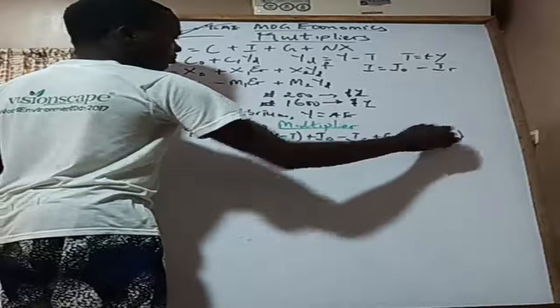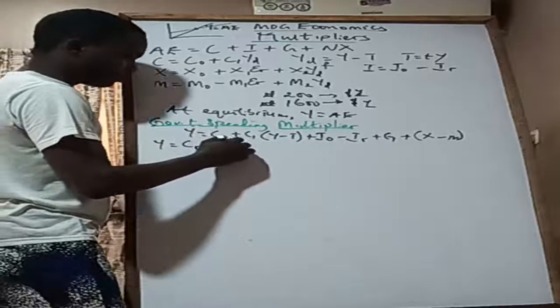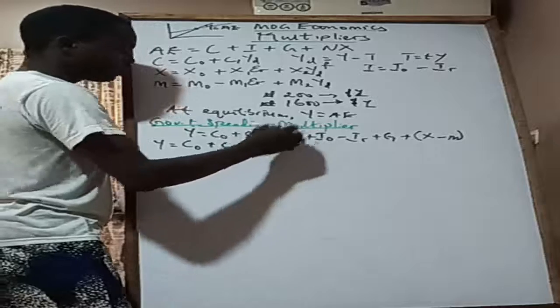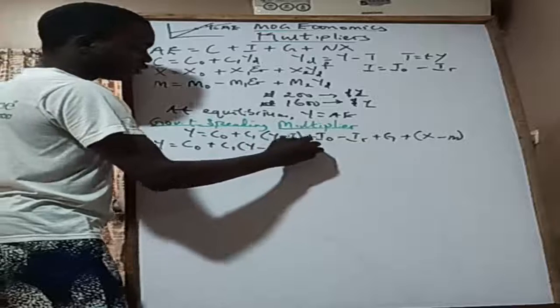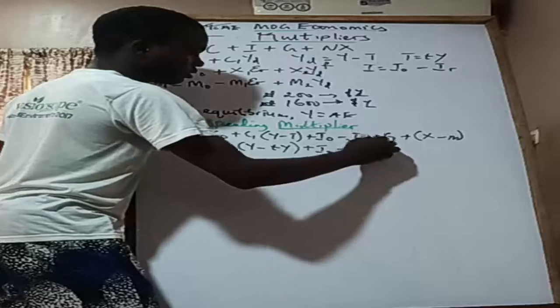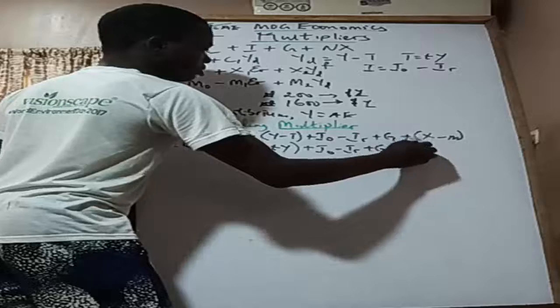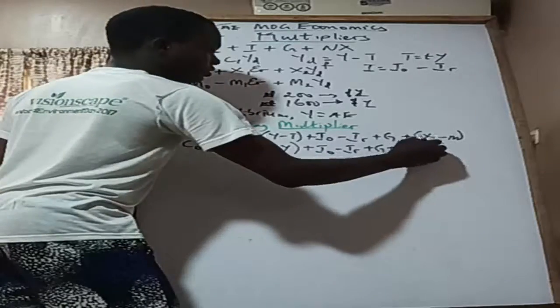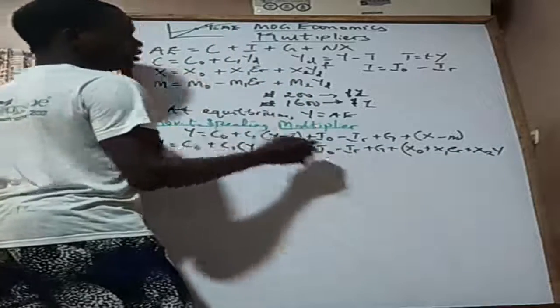X minus M. Right. So Y equals C naught plus C1, and this is now going to be Y minus T, given that T equals TY. Then plus I naught minus IR plus G plus X. So X is all of this now: X naught, then plus X1 exchange rate, then plus X2 function of foreign income YDF.